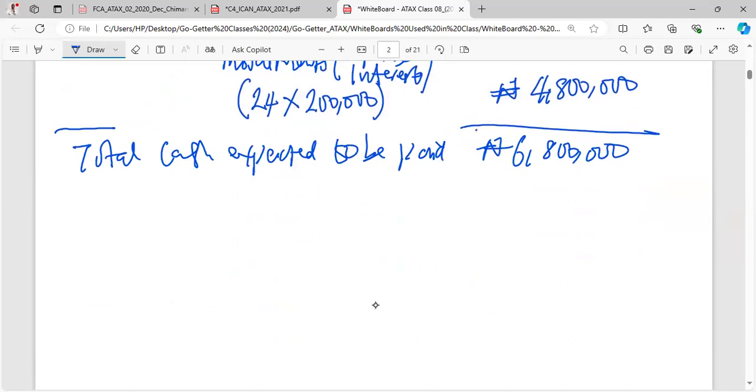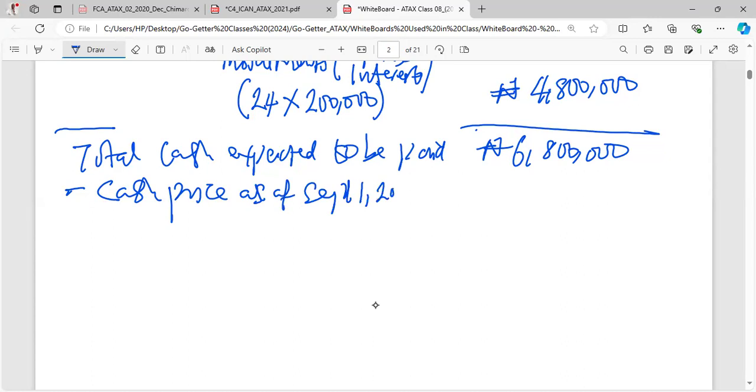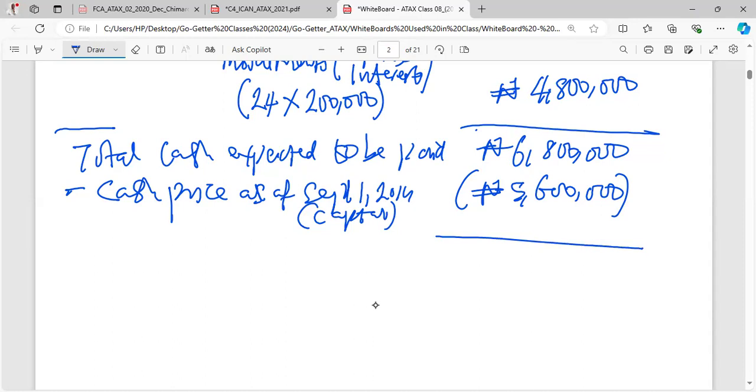Now, assuming you were to pay the cash price, so you say cash price as of September 1, 2014, we are told is 5,600,000. Now, this cash price is capital alone.